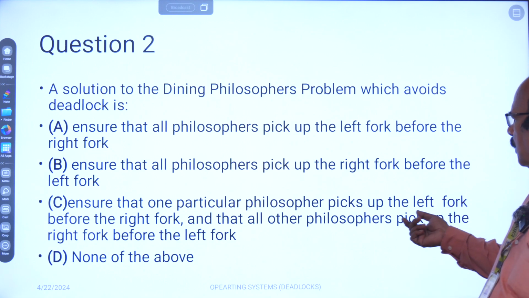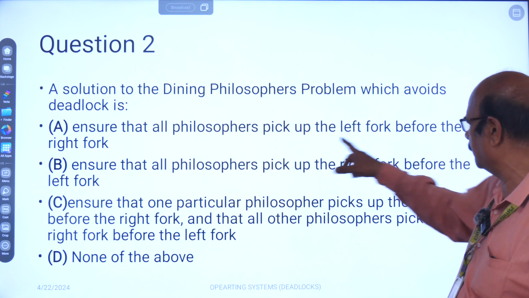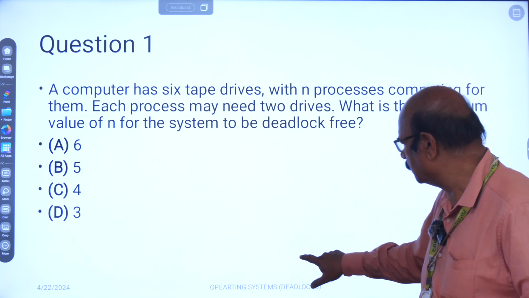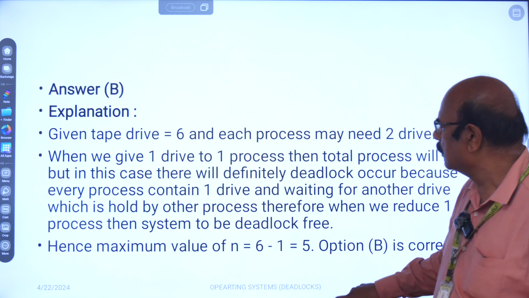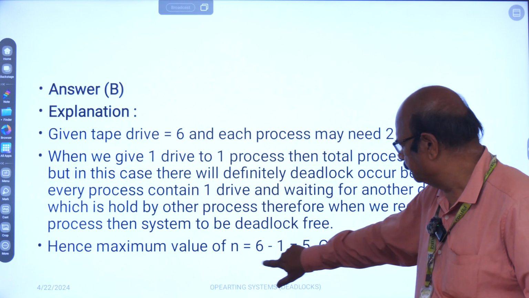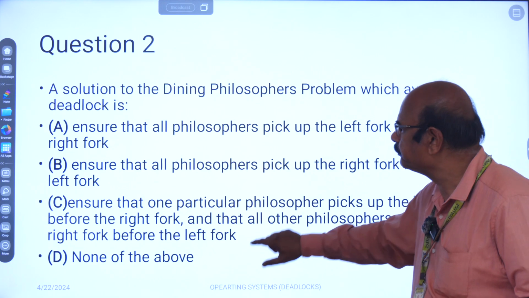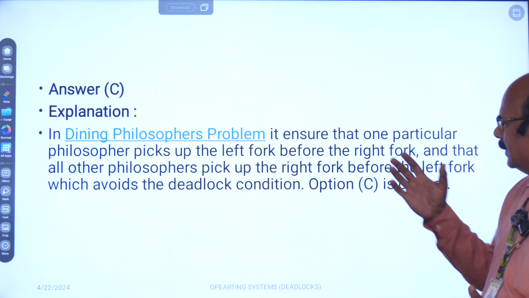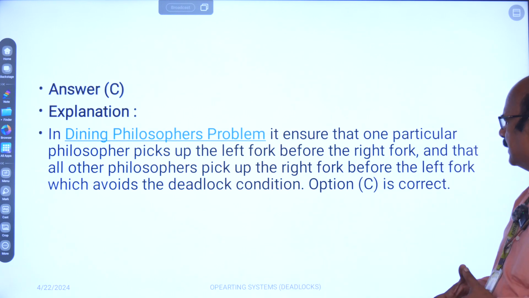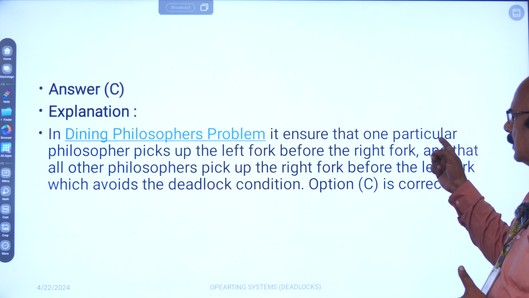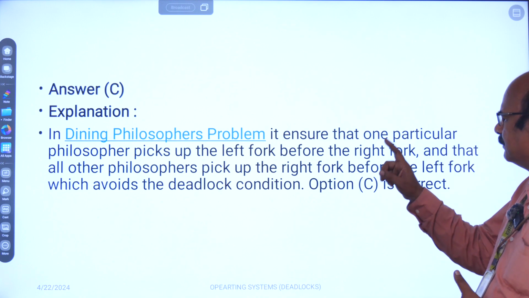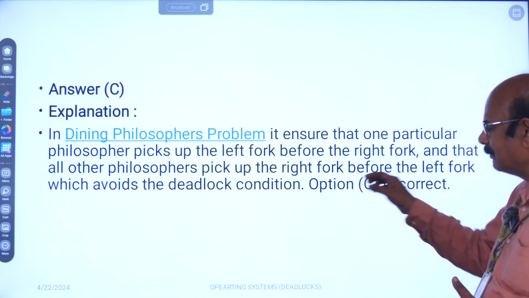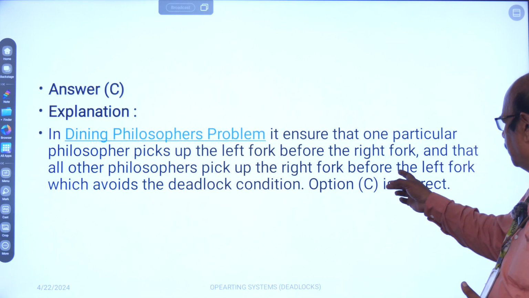So let us see what the difference is here. The dining philosophers solution ensures that one particular philosopher picks up the left fork before the right fork, and all other philosophers pick up the right fork before the left fork.